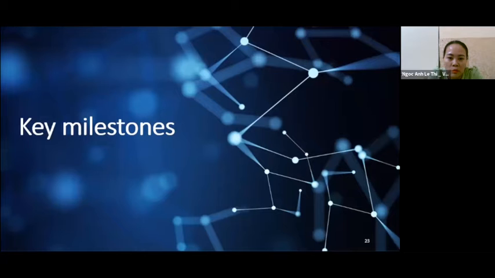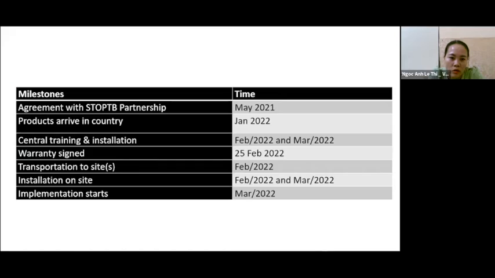So let's talk about the preparation for the project. We signed an agreement with the Stop TB Partnership in May 2021, and it took about 6 months to get the importation permit for all the UP X-ray systems as well as the CAD for TB.